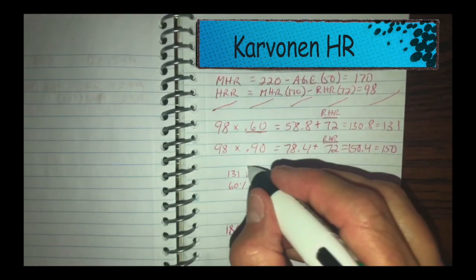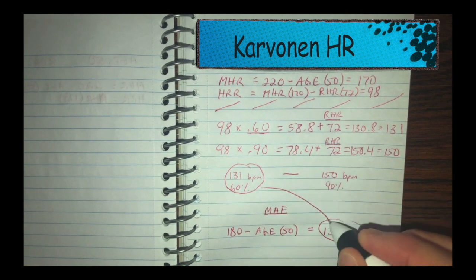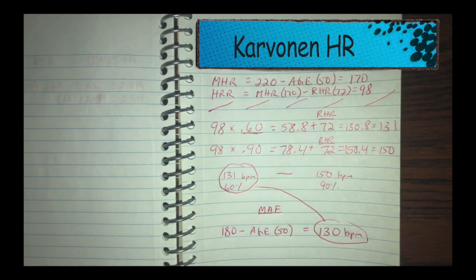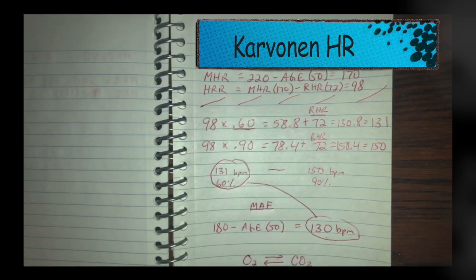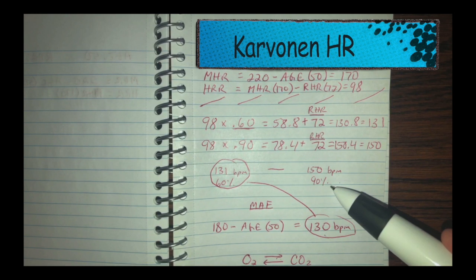Look at how this relates. Will it always match like this? It should be pretty close, but it's going to give you a nice level of maximum aerobic function. We're using the Karvonen to increase to our anaerobic threshold to work at a safe level.